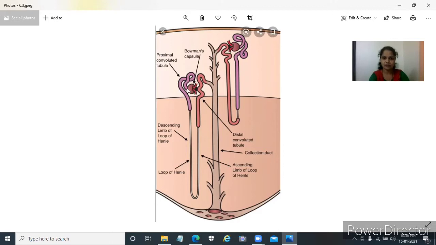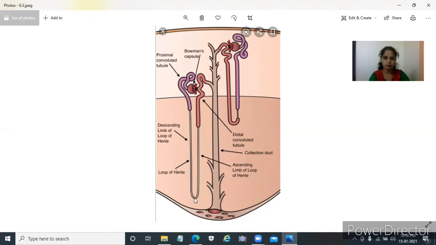The second portion is the neck, while the third portion is the coiled part, the proximal convoluted tubule. Convoluted means coiled. The first coiling portion is the proximal convoluted tubule, the PCT.